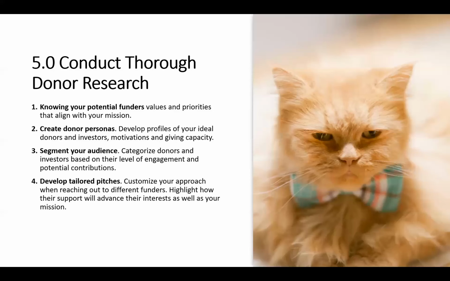You create a donor persona where you try to profile that donor. Who are the ideal donors and investors? What do they look like? What are their motivations and giving capacity? So you don't approach a donor asking for 10 million, while for the last 10 years they have only been giving 1 million, or 500,000, or 100,000, or even 10,000 shillings only.